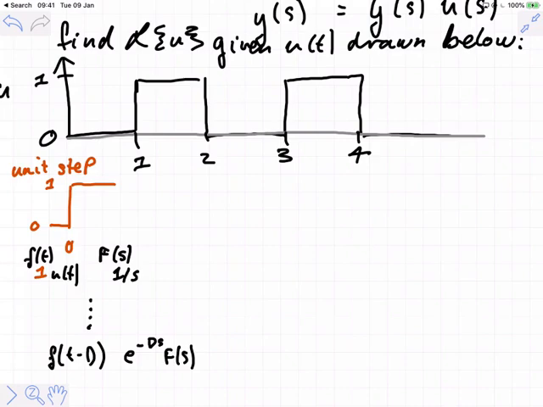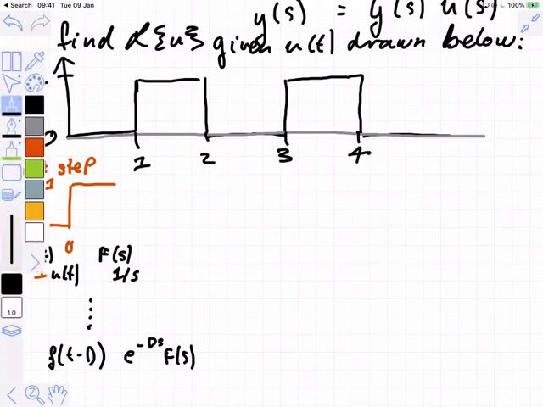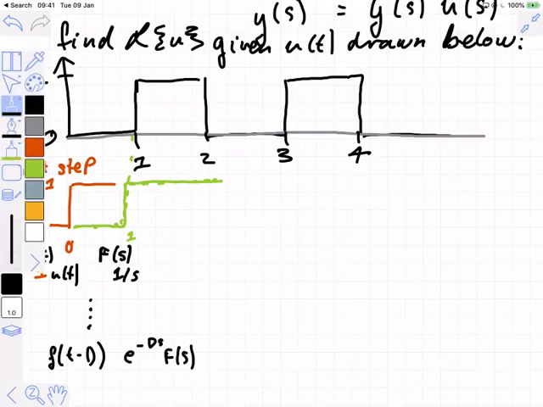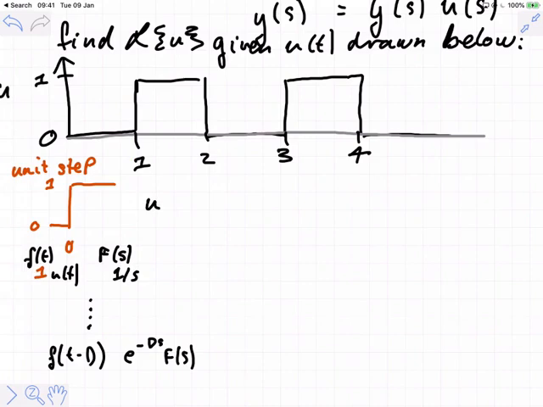And you'll remember that your first instinct was already right. If I want to move this unit step so that it now occurs here, matching up with that first line at 1, then I'm going to need u of t minus 1. Is that making sense to everybody?